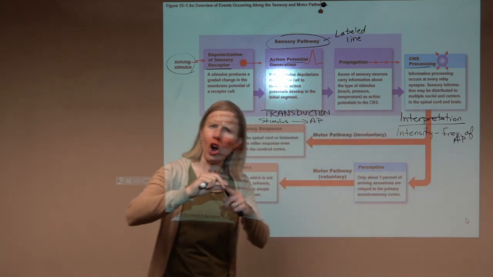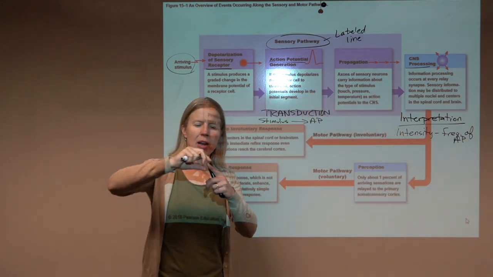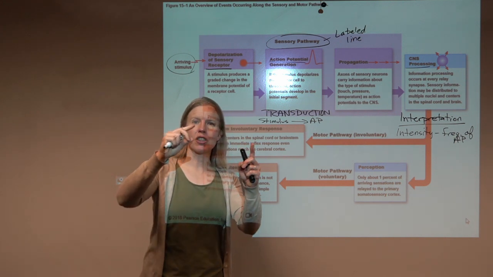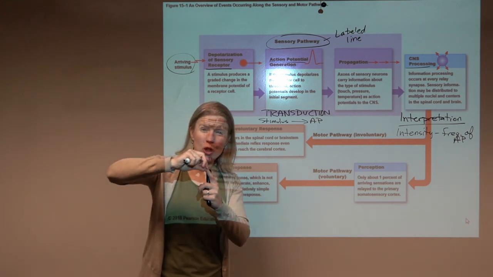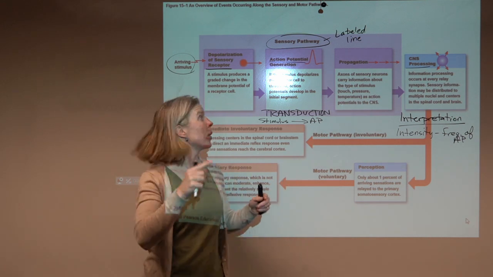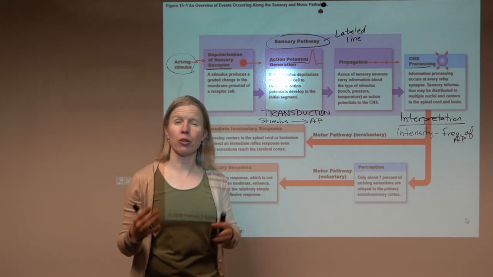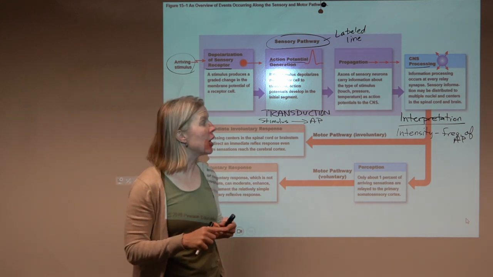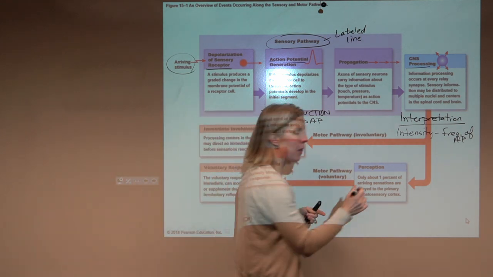So harder pressure, right? I can touch my finger lightly, that's going to have action potentials come into the brain. If I really squeeze my finger, that's going to send more frequent action potentials. So the brain is making sense of this based on the frequency of the arriving action potentials.